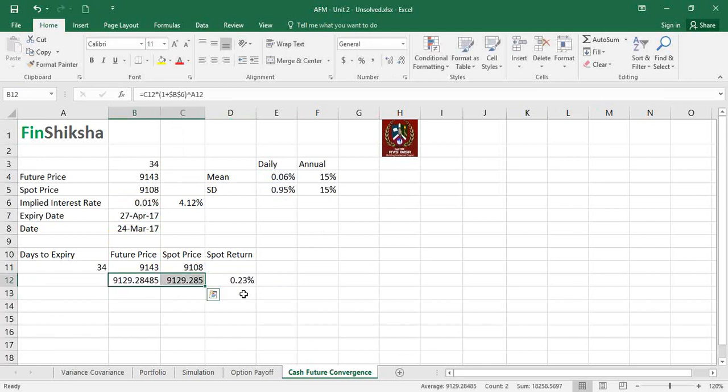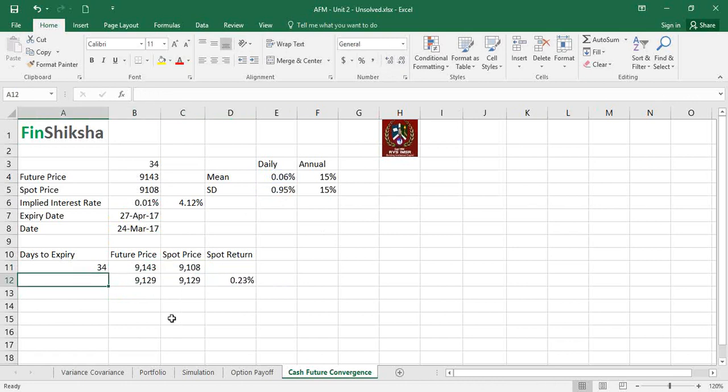And that should be my data point. Obviously at this point it shows it as the same because we have not incorporated the fact that this number would be, let's say, 33 days.